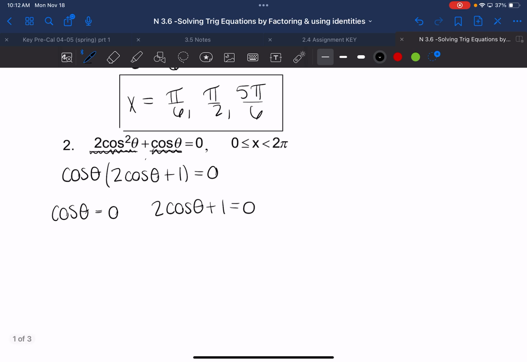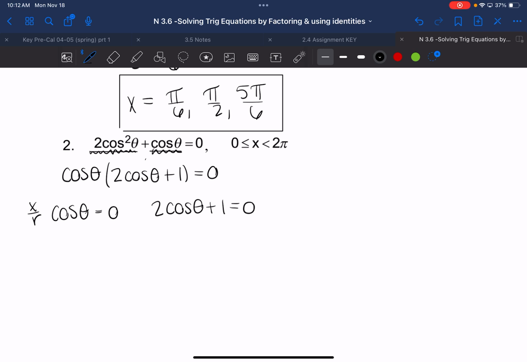All right, so for this first one, I don't really have any solving to do, right? It's already all by itself, okay? And so for cosine of theta, for that to be 0, remember that's when we're thinking about x over r, right? Well, we know r is always what? 1, okay? So I'm really looking for where x must be 0 if it gave me 0.